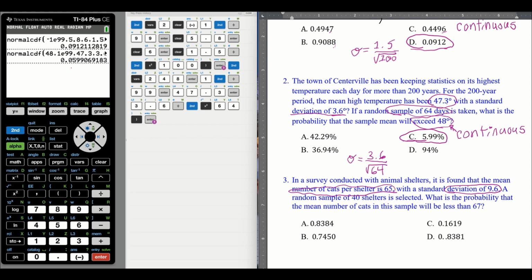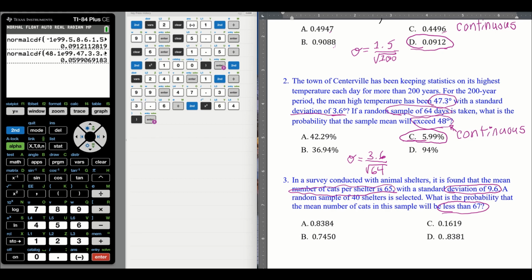What is the probability that the mean number of cats in this sample will be less than 67?